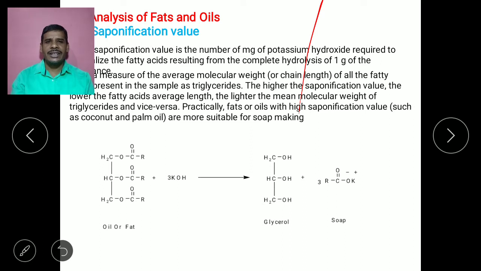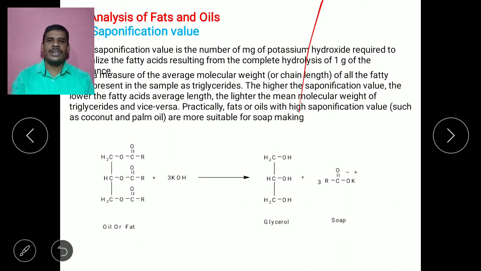In this reaction there is a formation of soap, hence that particular reaction is called a saponification reaction. So if any person asks what is the saponification value, we can say it is how many milligrams of KOH or NaOH are required to saponify 1 gram of the oil or fat.